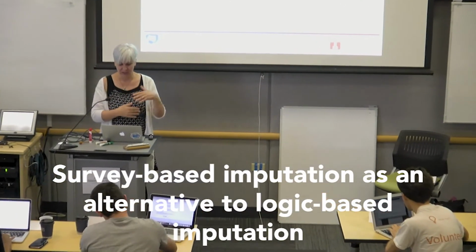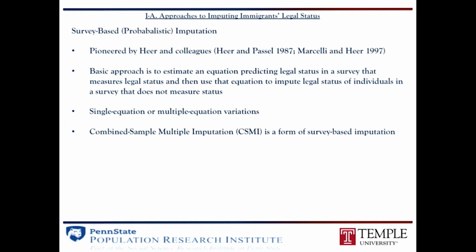and we're not the first ones to think of this. Some of the earliest ones were developed in the late 1980s. David Heer, and Jeff Cassell worked on that with him, had a survey conducted, I think, in Los Angeles, where they actually had the legal status of the respondents. It was a small survey on housing, or welfare, I'm trying to remember exactly.